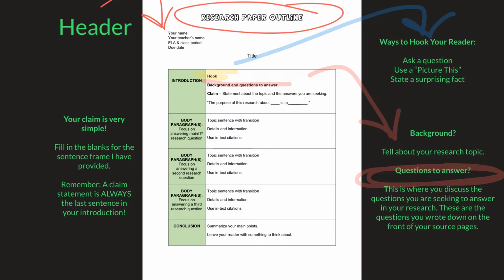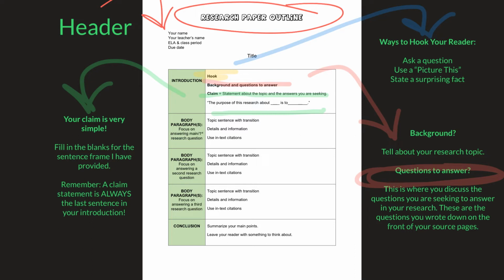The next thing we're going to do then is we're going to talk about the claim, and it's very simple. When we're talking about research, your claim, I literally gave you a sentence frame because since this is your first research paper, we're going to make it even easier. But you are just stating the purpose of your research, what you're researching, and what your purpose is. Okay, so that sentence down there that says the purpose of this research about blank is to blank, that's perfect.